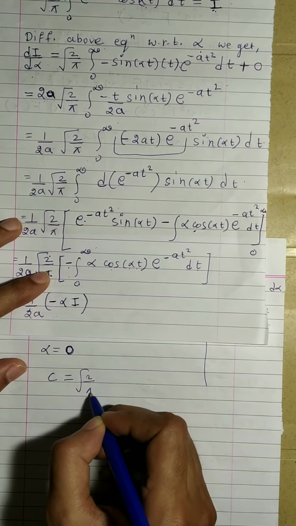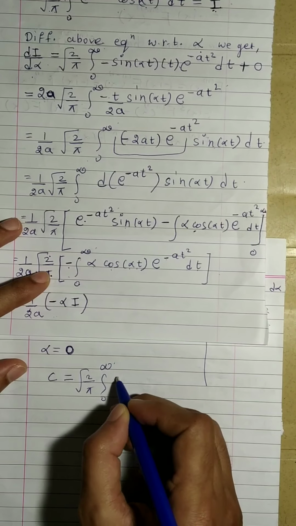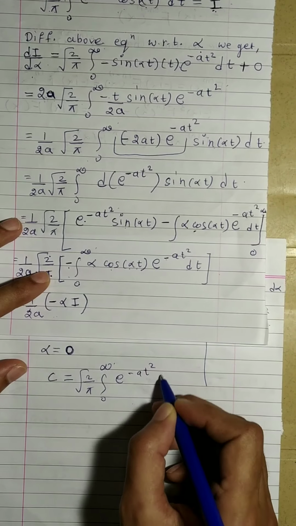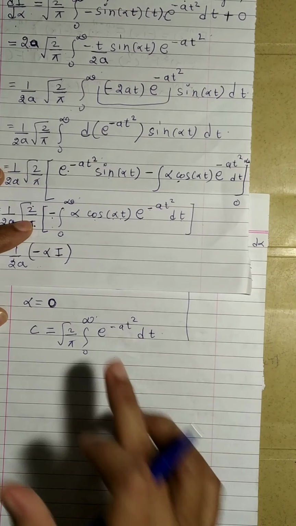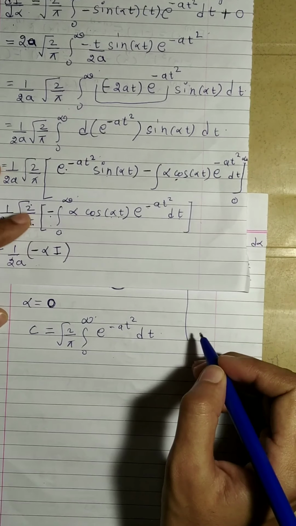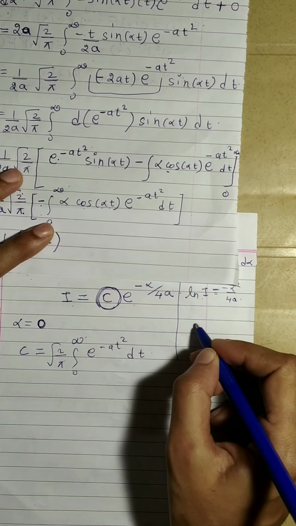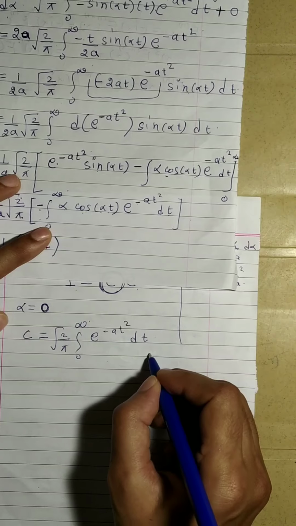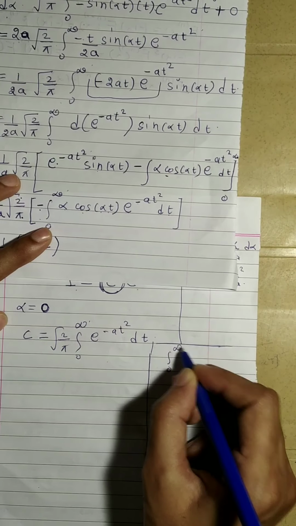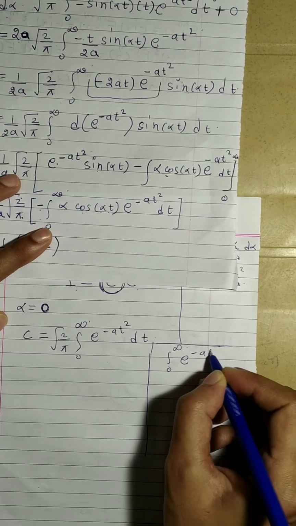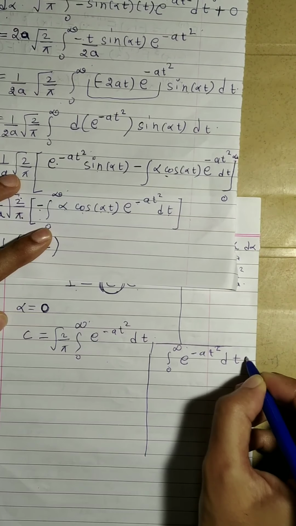Let us evaluate this integral: integral from 0 to infinity e raised to minus a t square dt.